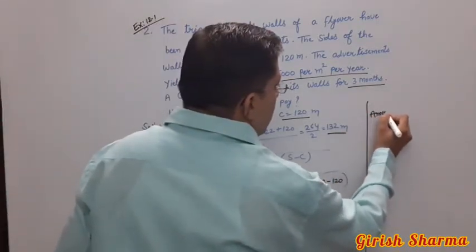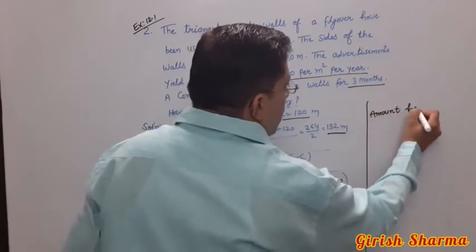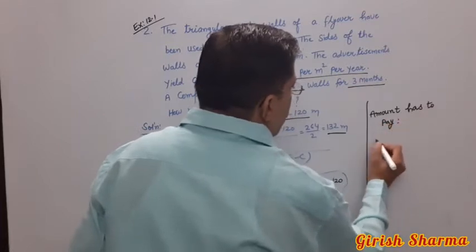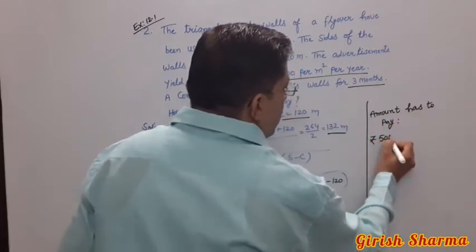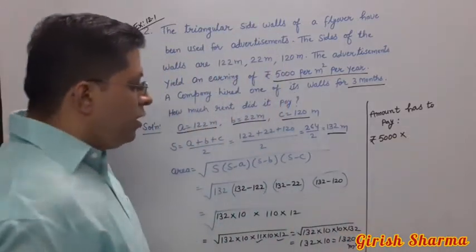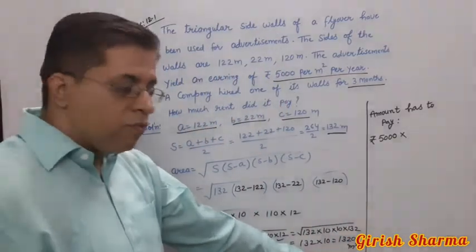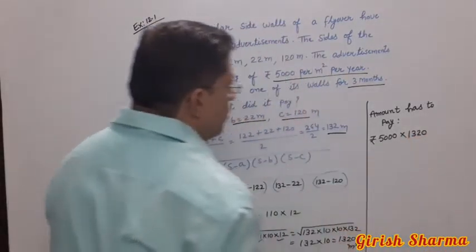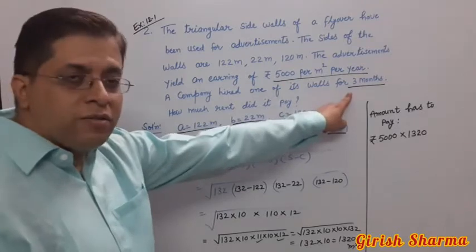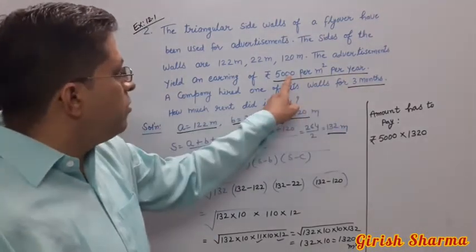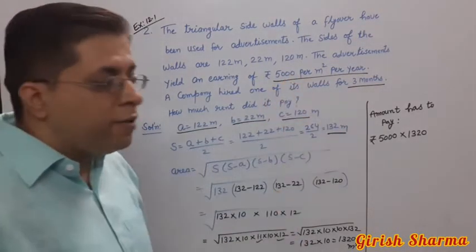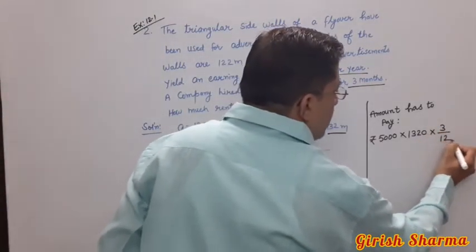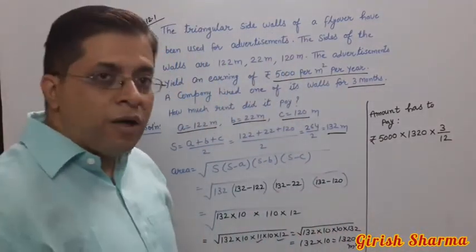Then after this, how much amount does he have to pay? 5,000 rupees. How much area covered? 1320. But for only 3 months, and this is rent for 1 year. So convert, this is 3 months. I am converting to a year by dividing by 12.